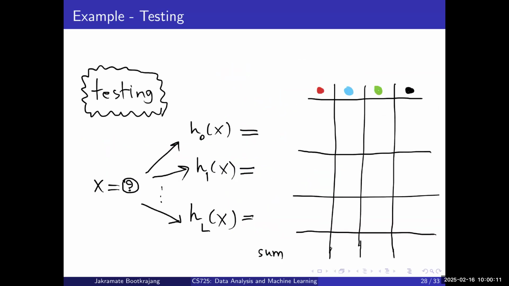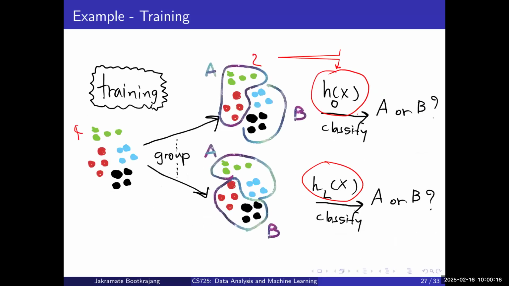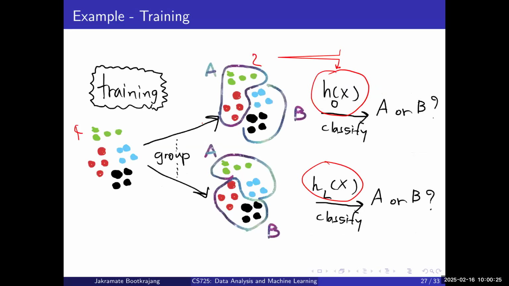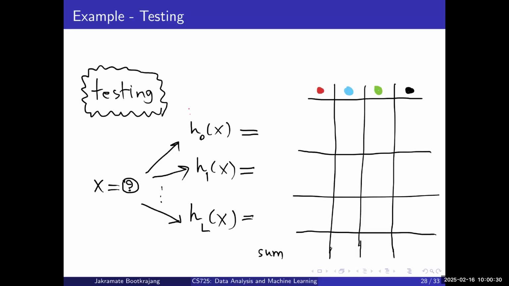So let's say we have H0 and H1, right? So H0, the group A would be red and blue, right? And for the H1, the group A would be red and black.